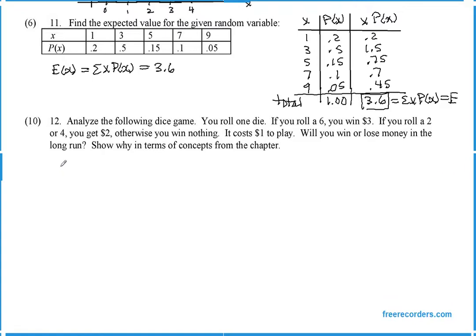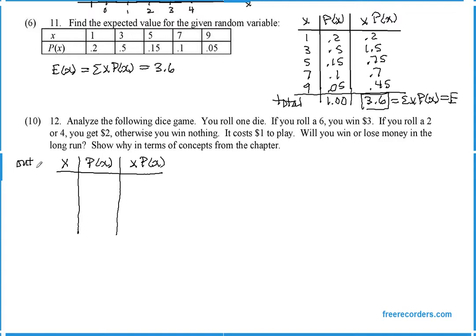What you want to do is set up your table with x and probability of x, and then x times probability of x. And our x values here are going to be the amount that you would win, the different amounts that you could win, and that's going to depend on the outcome of the die.